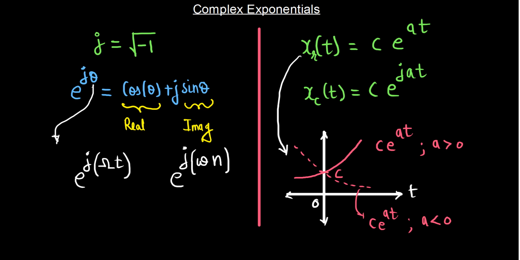Now we have already looked into what the frequencies are in the continuous time case and the discrete time case. Let me quickly recapitulate those frequencies once again.